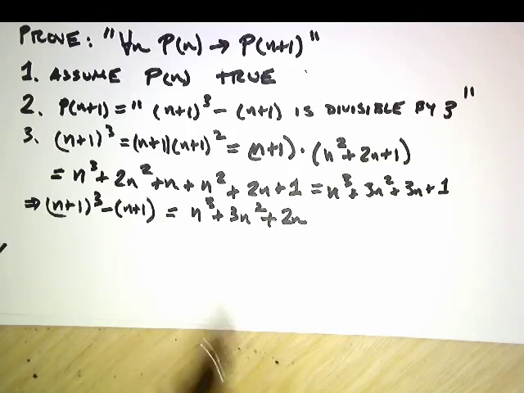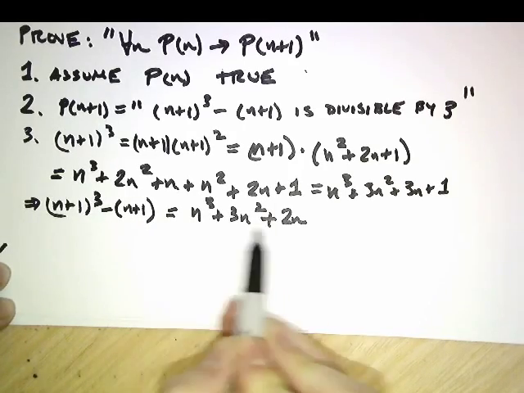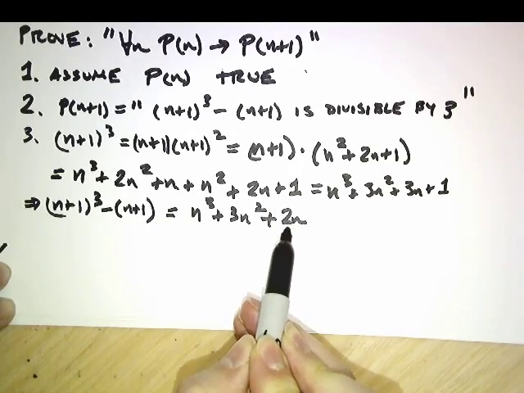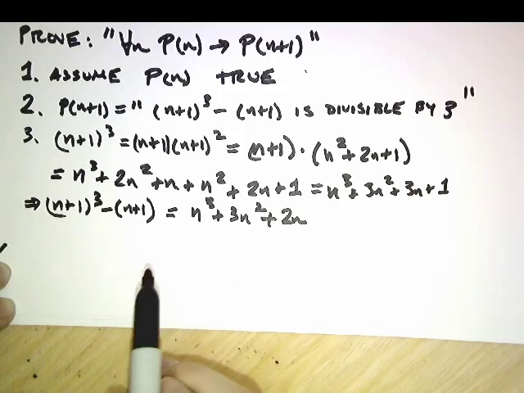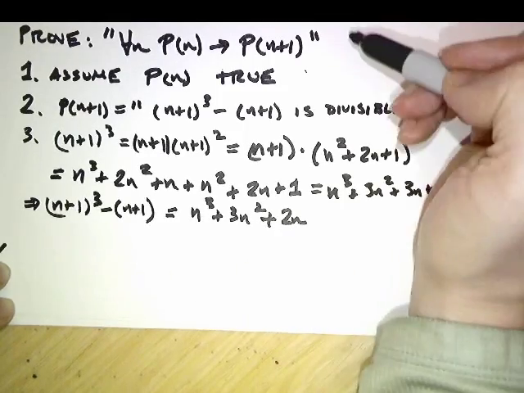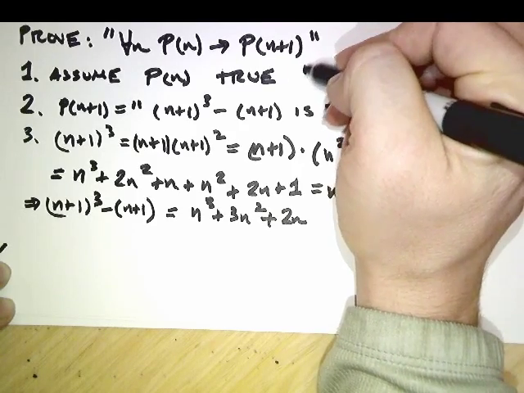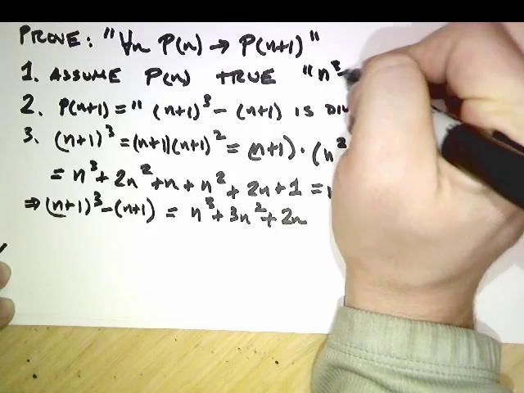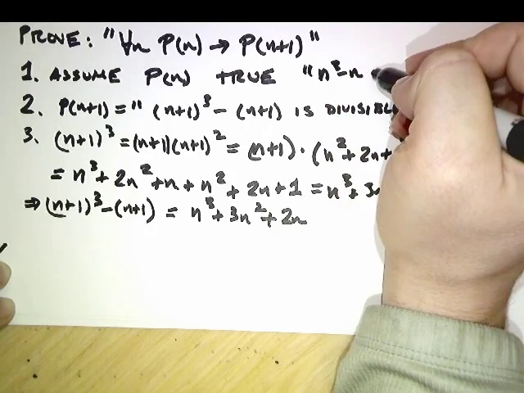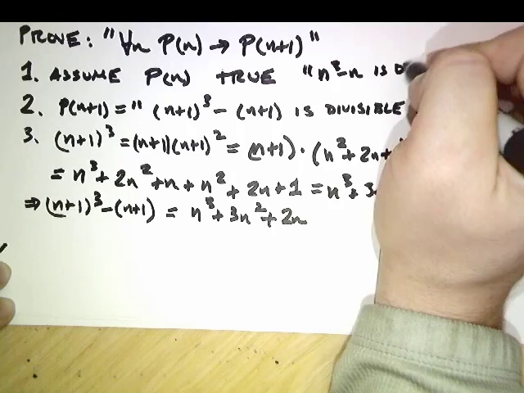So here you are in the middle of a proof, and you're trying to prove that this particular quantity is divisible by 3. What is P of n again? We've sort of forgotten about it. We assume that P of n is true. What is P of n? P of n says that n cubed minus n is divisible by 3.